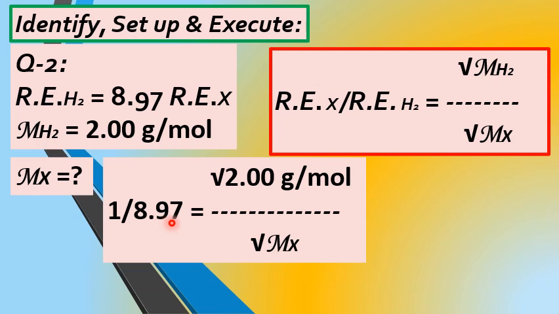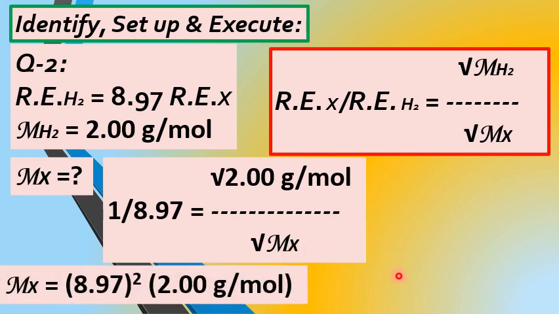So, we equate this ratio to the square root of 2.0 grams per mole, and divide it by the square root of the molar mass of the unknown gas. And solving for the molar mass of the unknown gas, we get the square of 8.97 to be multiplied by 2.0 grams per mole.